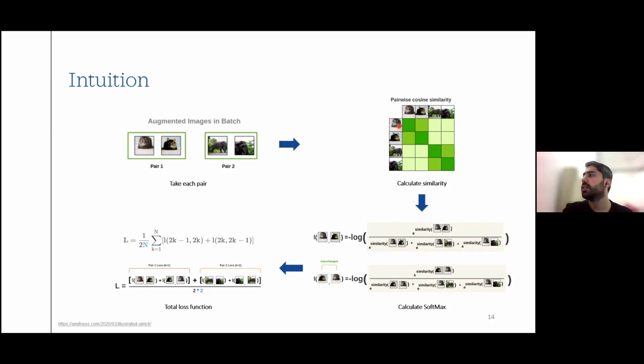As you may see, if an image is compared with itself, the same augmented image, the similarity would naturally be higher. If it's compared with another augmented view of the same image, there would still be some similarity between them.